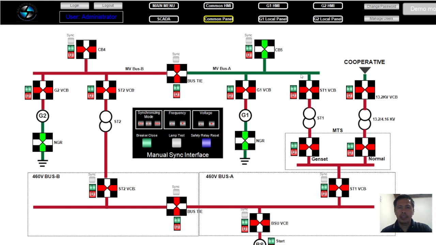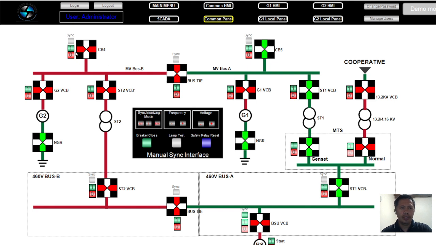This means these lines are already live. So now we'll also close this, and we'll close this. So now the 460 bus is already live for the generator one auxiliary supply.